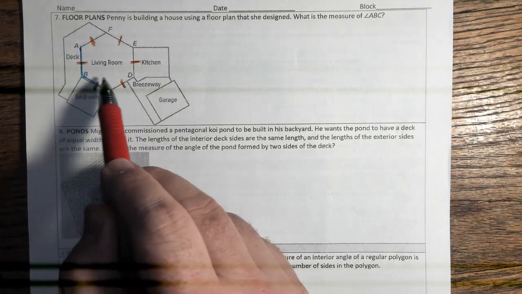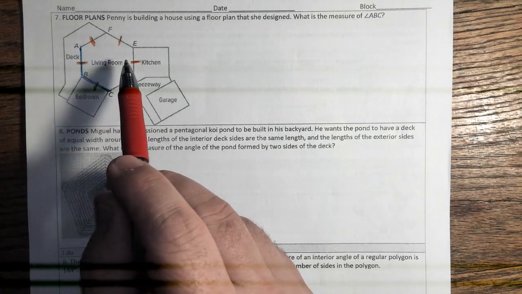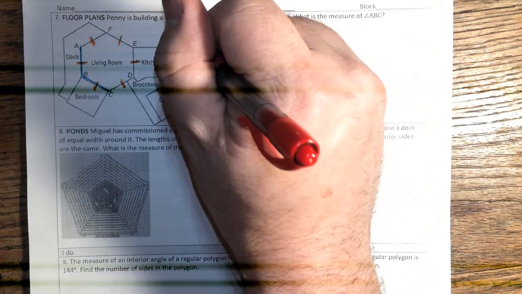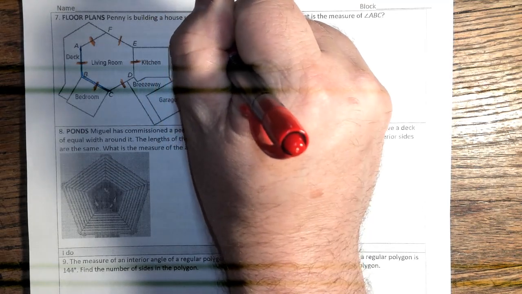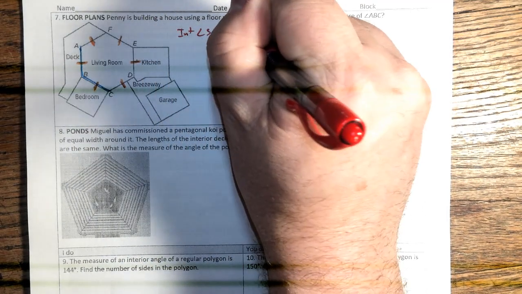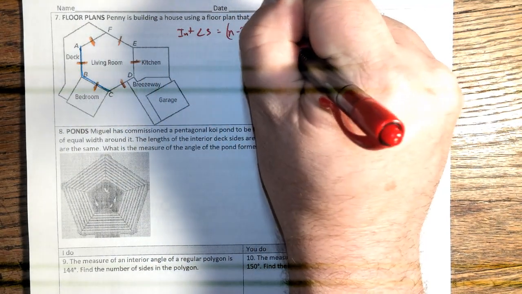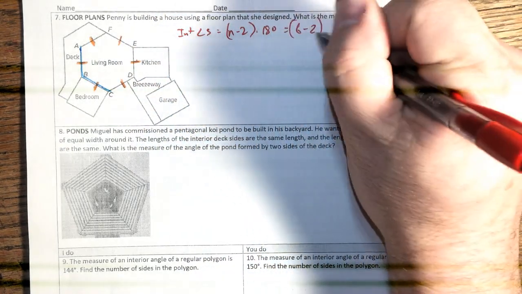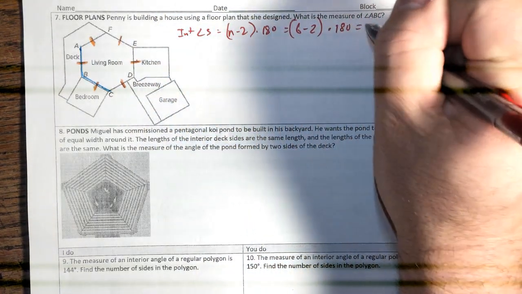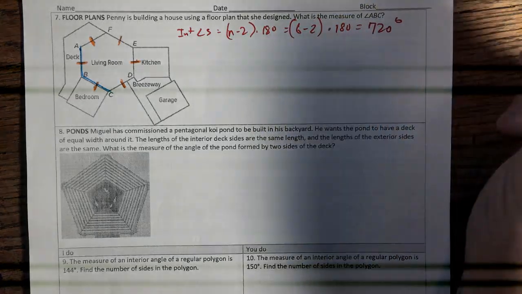Her living room here is a hexagon: 1, 2, 3, 4, 5, 6 sides. So the total for the interior angles is, again, n minus 2 times 180. 6 minus 2 is 4, times 180 is 720 degrees.